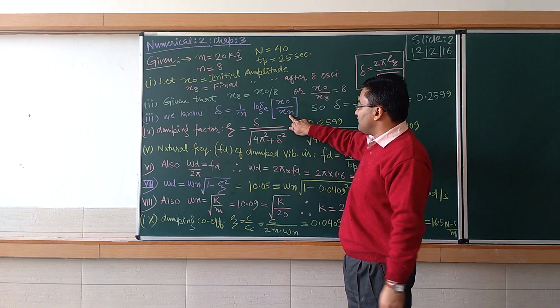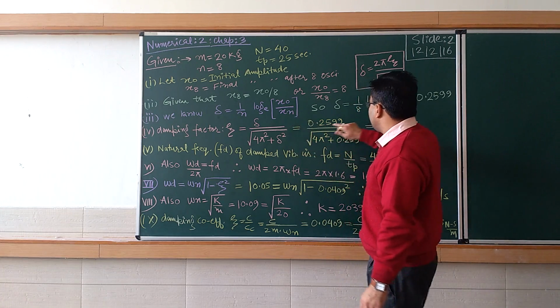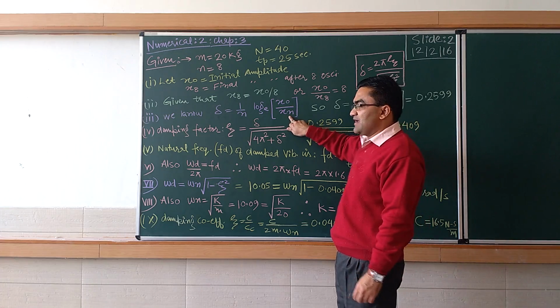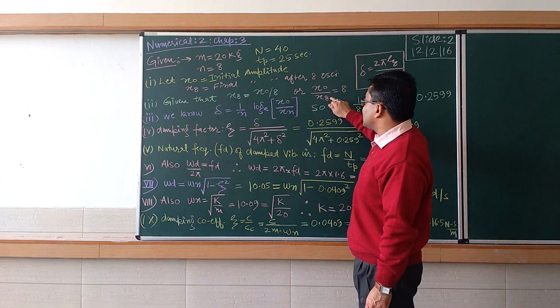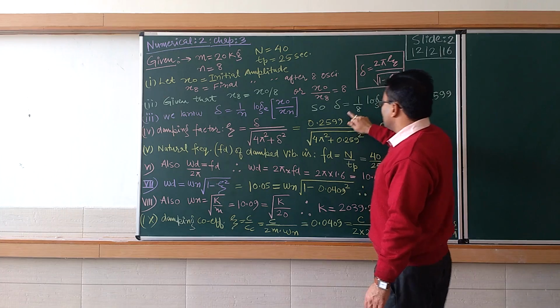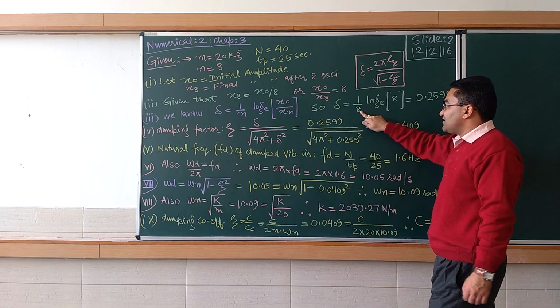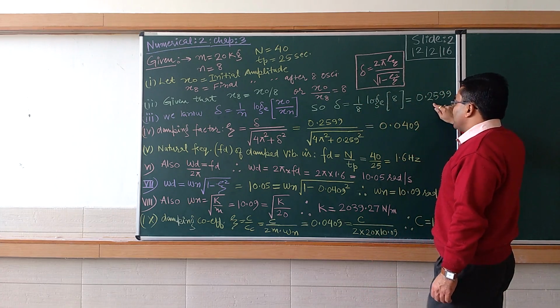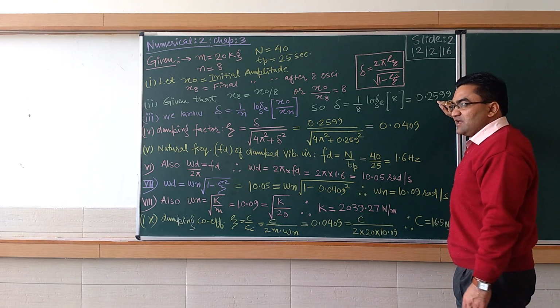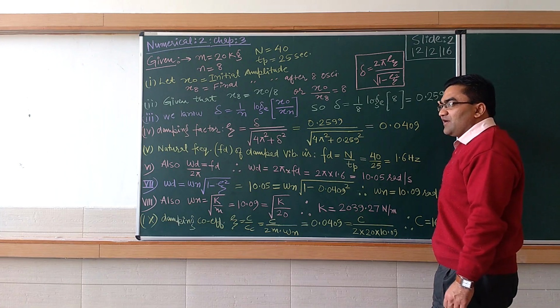Since we have been given 8 oscillations, it means x0 divided by x8, which is 8. So 1 by 8 times log of 8, and from here the value of the logarithmic decrement is 0.2599.